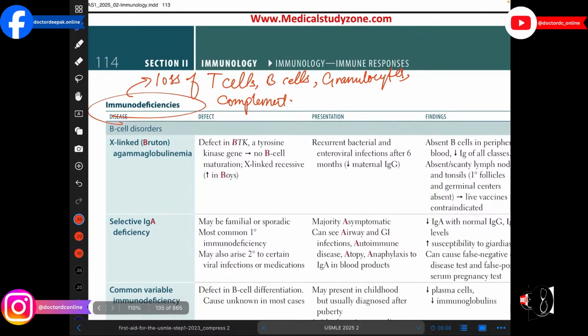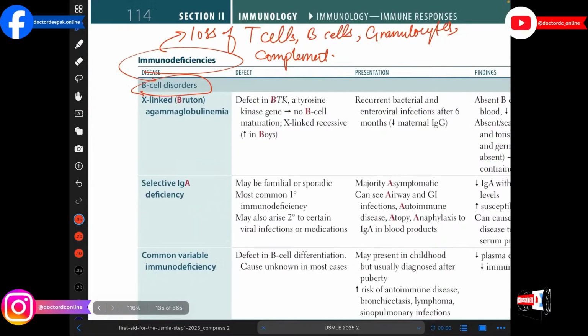First we are going to talk about B cell disorders.